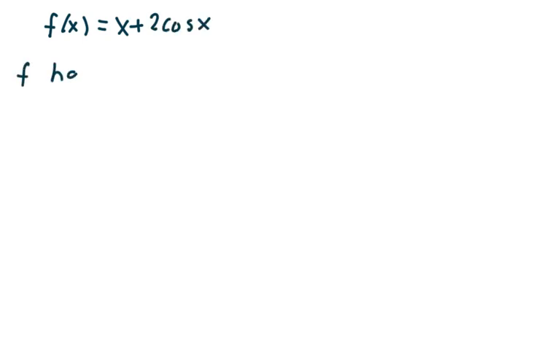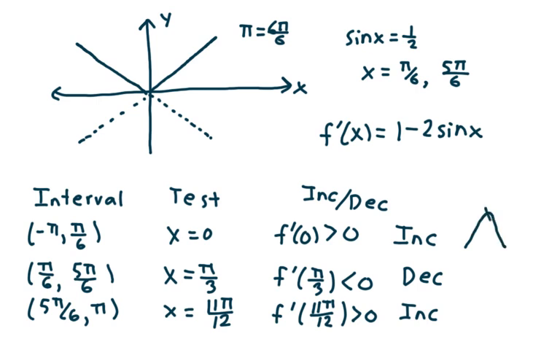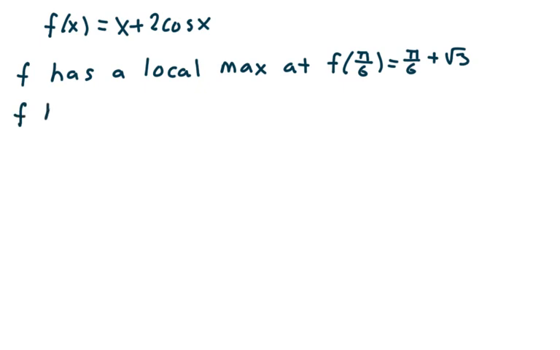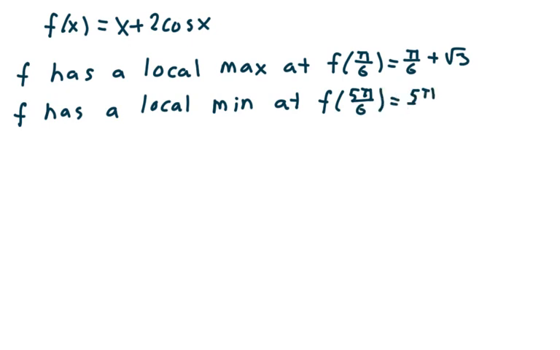And so f has a local, now, increasing to decreasing, so it looks like a local max at f of pi over 6, which is pi over 6 plus square root of 3. f has a local min at f of 5 pi over 6, which is 5 pi over 6 minus square root of 3. Okay?